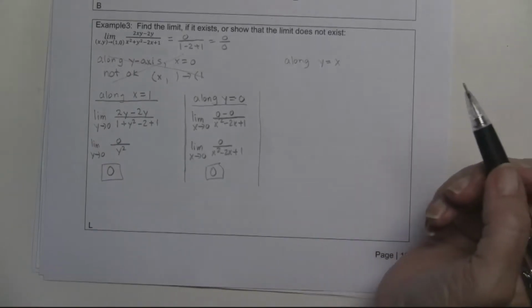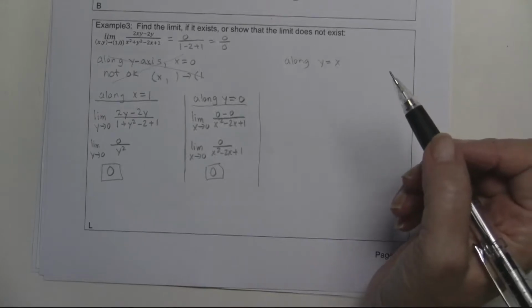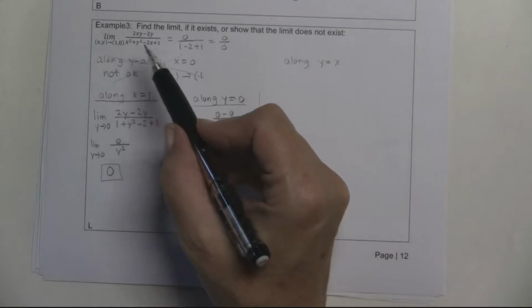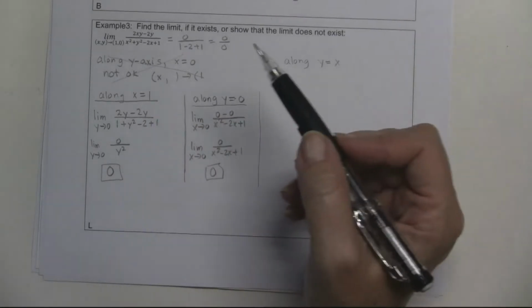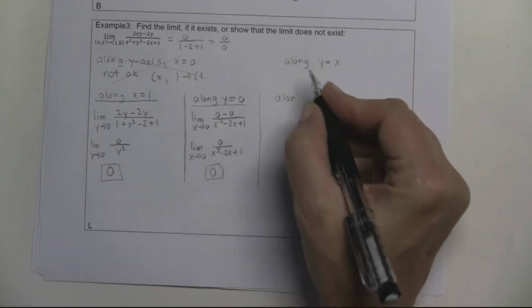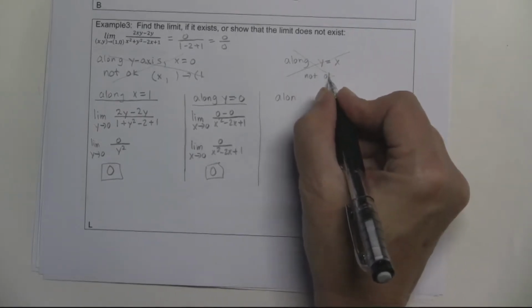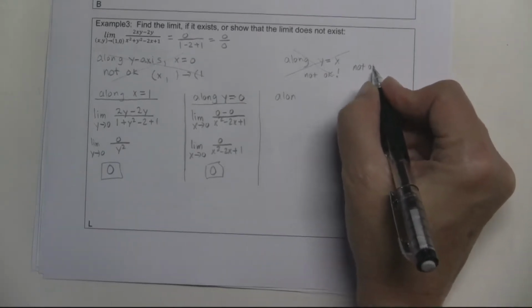So we want to pick something along these lines that is on this path. I just started guessing, and I started thinking, well, if I wanted to pick something along, so this is not okay, right? Not on path.